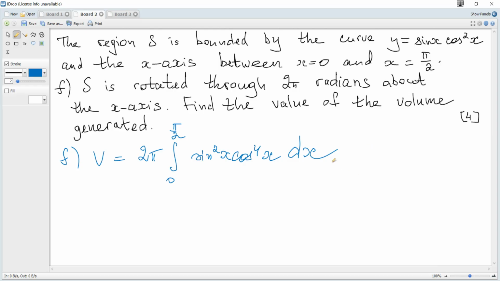And how to integrate this? Sine squared is 1 minus cosine squared, so it becomes 2 pi times the integral of 1 minus cosine squared, so it's cosine to the power of 4 minus cosine to the power of 6.